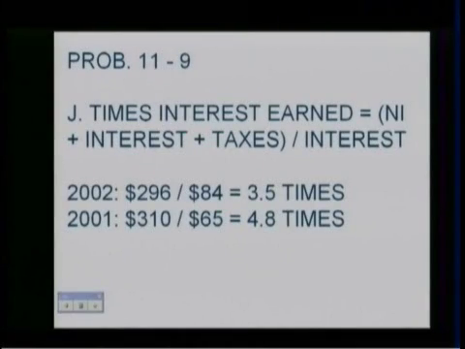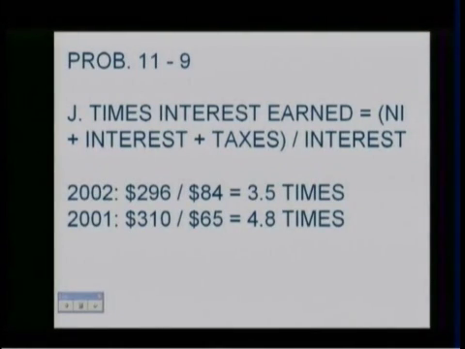In letter J, they ask you to calculate times interest earned for 2003 and 2004. This simply tells you how many times they could have paid interest over and above what they're paying now. You take your net income, add back your interest and taxes. Remember, that's that EBIT we talked about before. Divide it by the interest. So they could have had 3.5 times as much debt and still not have had a loss in 2002.